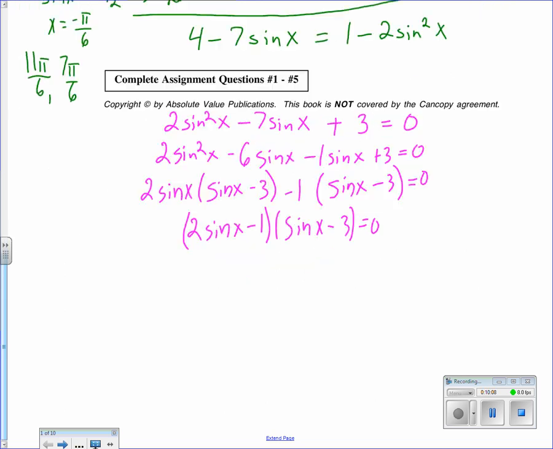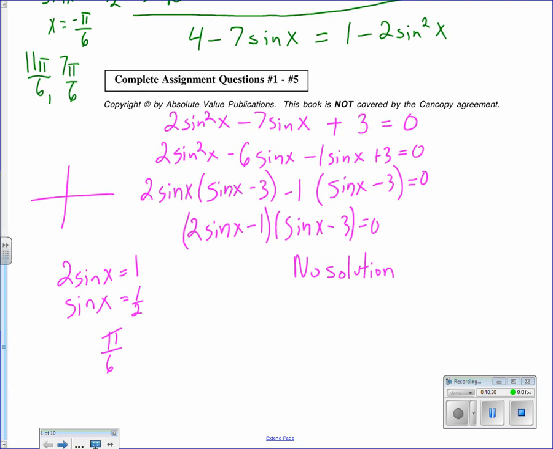And we're used to this. This will be no solution. And 2 sine x minus 1, well, when does that happen? 2 sine x is equal to 1, so sine x is equal to a half, which happens at pi over 6. And pi over 6 in quadrant number 1, and the pi over 6 reference in quadrant number 2, which is 5 pi over 6.